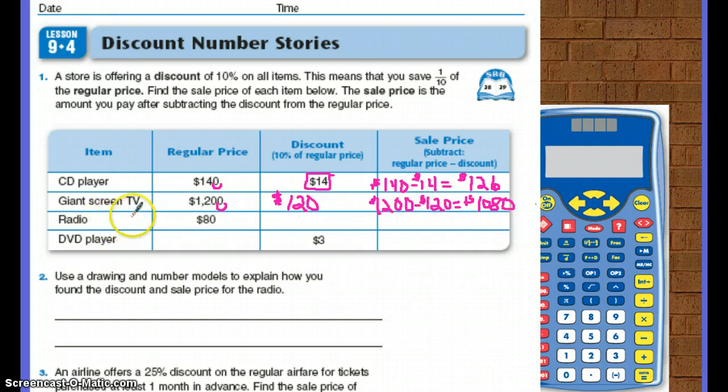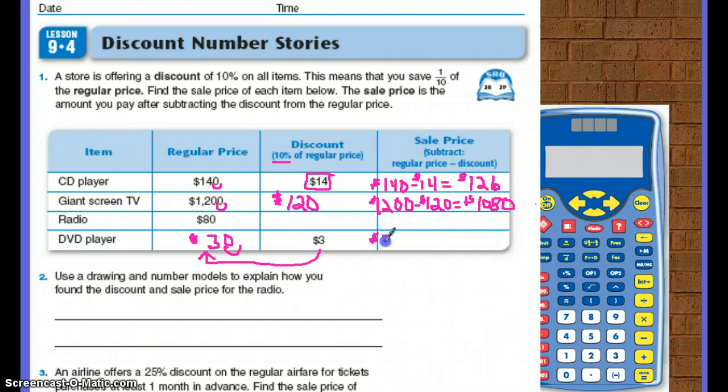You should be able to pause the recording here and do it step by step with the $8, but I am going to show you how to reverse it to figure out your regular price. Well, if it's $3 but it's a 10% discount, your original price should be $30. And if we check it with the way we did the other ones, I go over one place. Yes, that is my 10% discount.